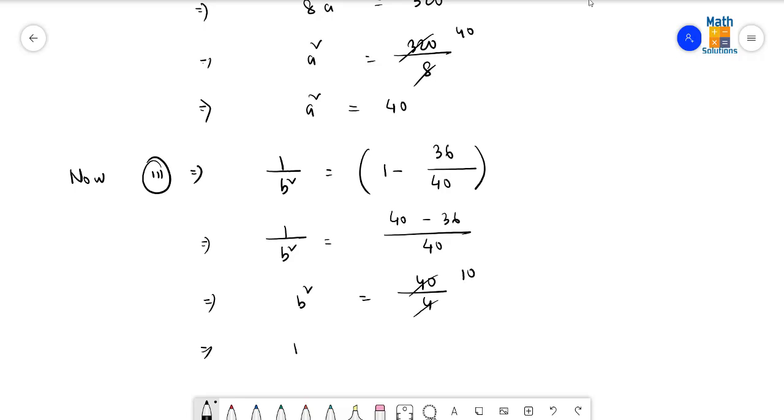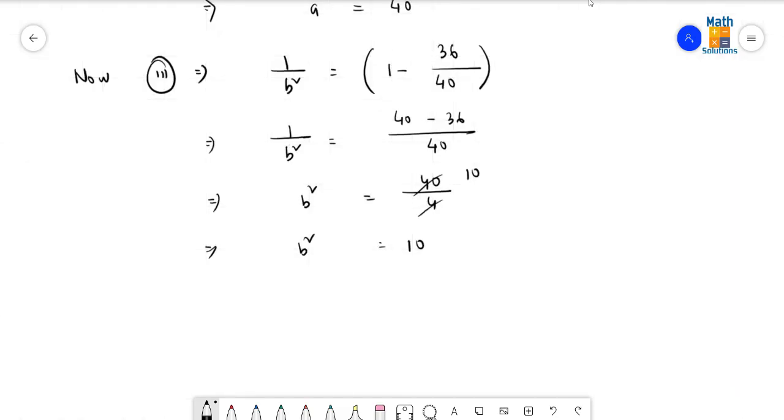So b square will come as 10. Therefore, ultimately the equation 1 will be x square by 10 plus y square by 40 is equal to 1, and this is the required result.